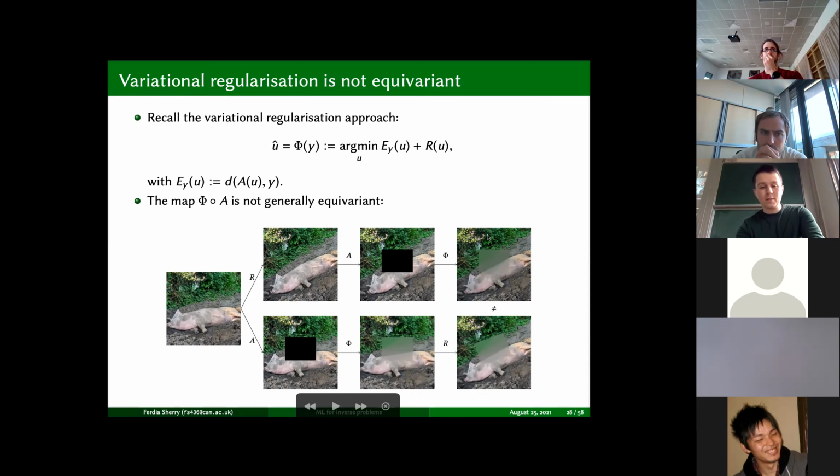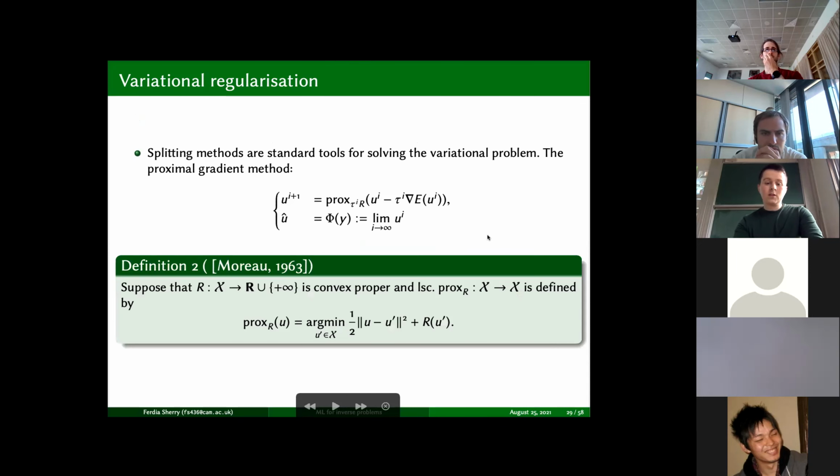Generally, if we're solving this variational problem, we're going to use a splitting optimization method. The basic form is the proximal gradient method, or the forward-backward splitting method, illustrated here, where you split it into taking a gradient step along the data fit term and taking a proximal step, which you can think of as just a denoising step.